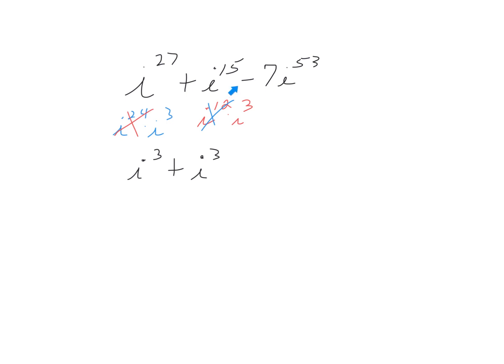And then on this last one, minus 7i to the 53rd power. Okay, so 53. If I think about 53 and I divide it by 4, I'm actually going to get 13.25, or 13 and 1/4 remainder. So in other words, 4 goes into 52.